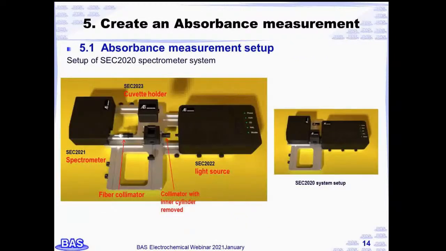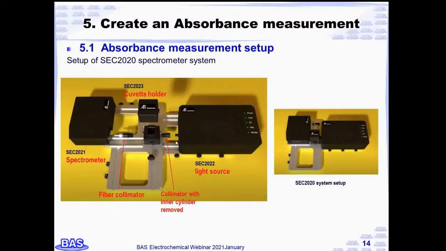Here shows the setup of the SEC 2020 spectrometer system for absorbance measurement. First, set the spectrometer and light source. Connect the fiber collimator to the cuvette holder and connect it to the spectrometer. Fix it with the platform screws on the platform.